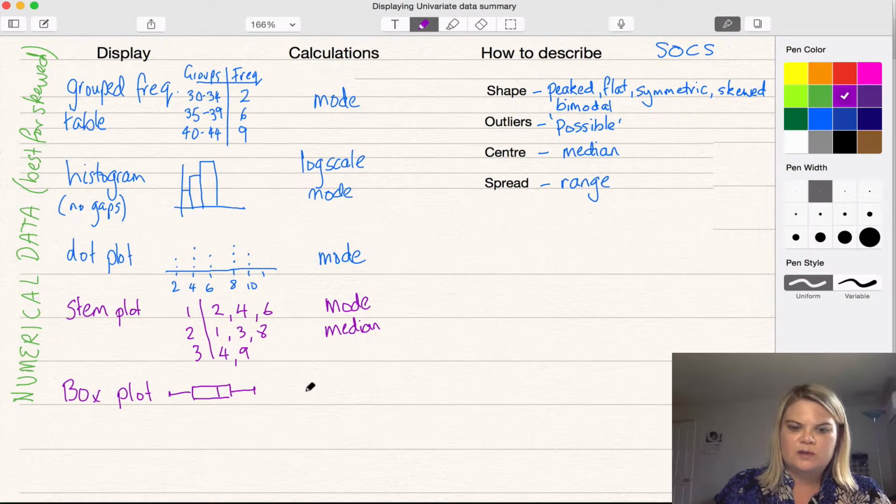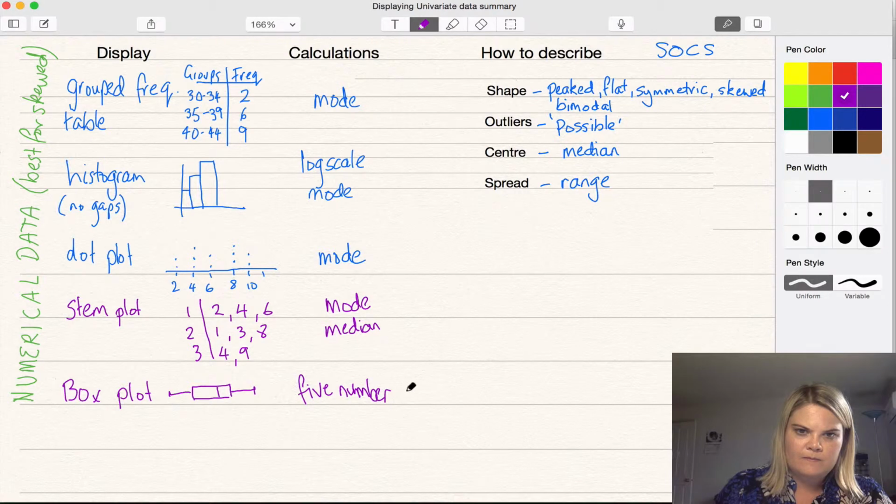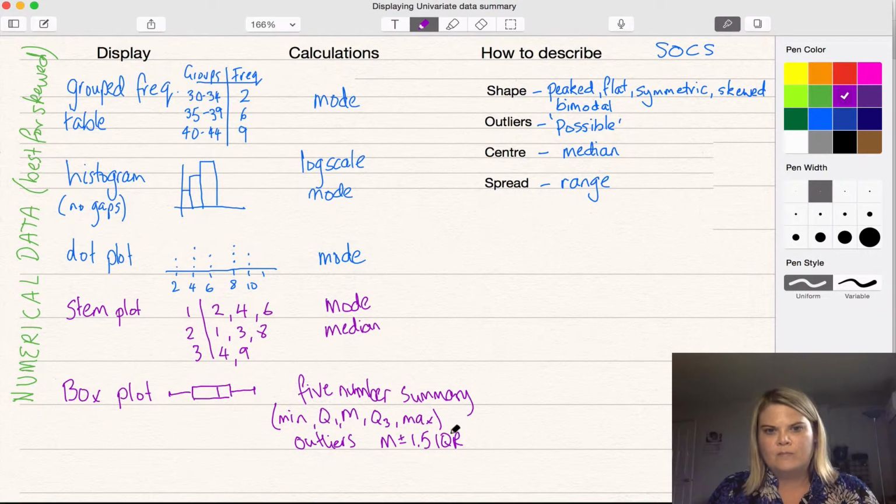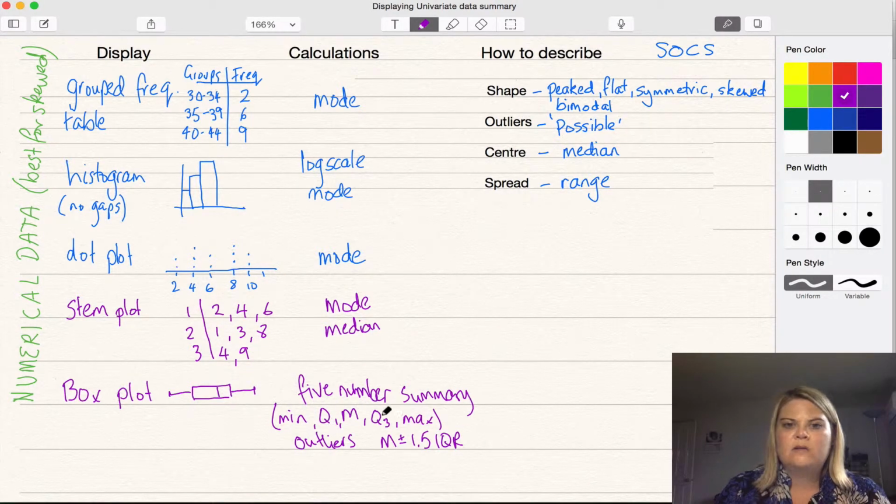Calculations for the box plot, you've got the 5-number summary, which is the minimum, Q1, the median, Q3, and the maximum.